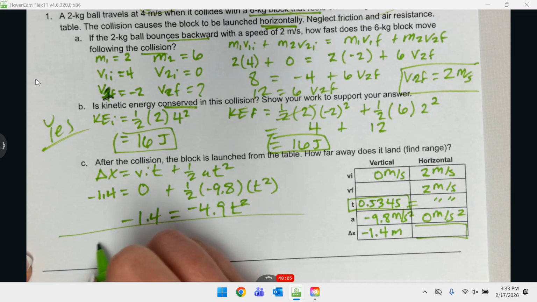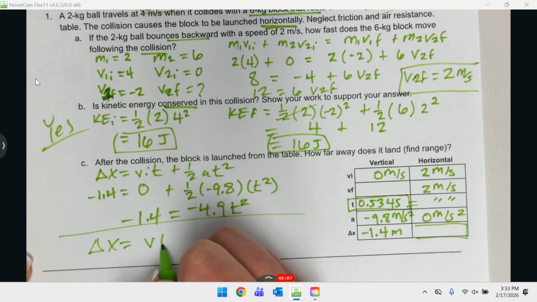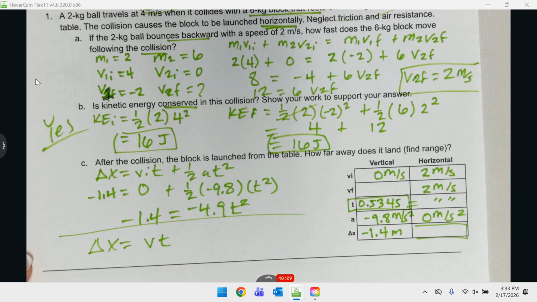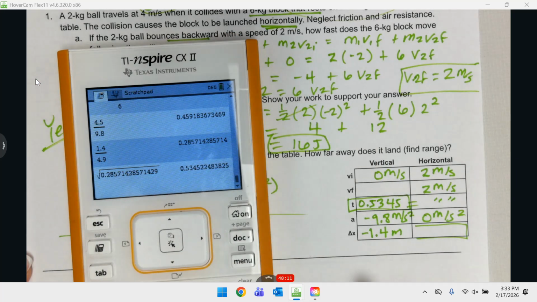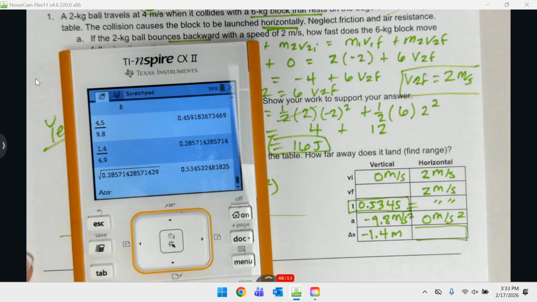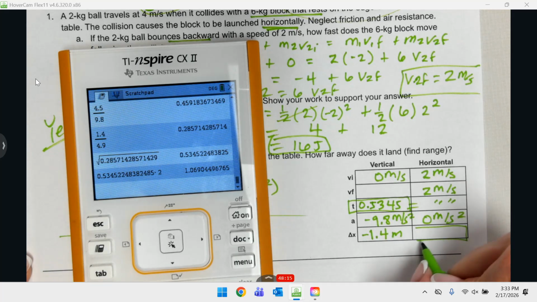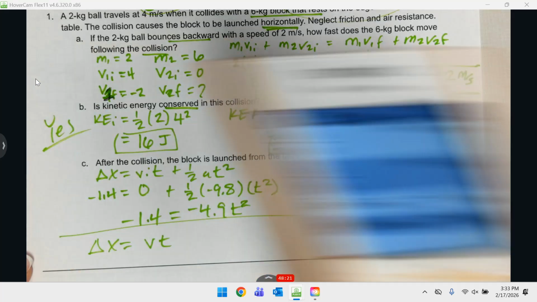Range horizontally is velocity times time. So we're going to take the time we just found and multiply it by 2 because that was our horizontal velocity. And we get our range of 1.07 meters. And that's your answer.